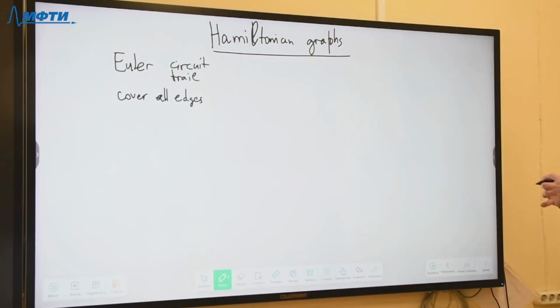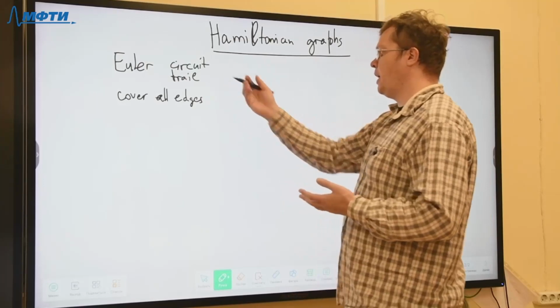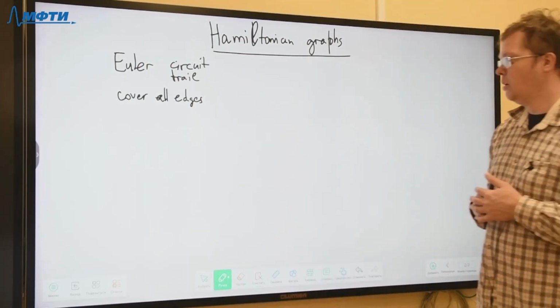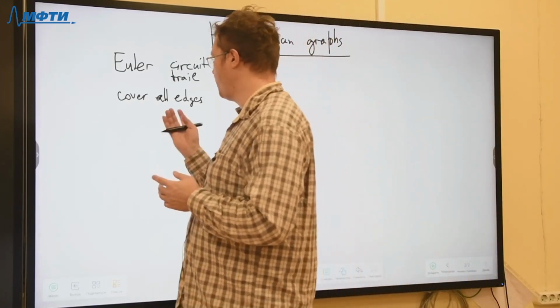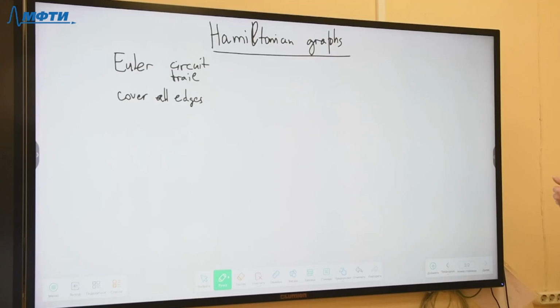Either it's a closed route, which is a circuit, or it's not closed, it's a trail. I use the terms circuit and trail because I can meet one vertex twice when I cover all the edges, because I can come into the same vertex many times.